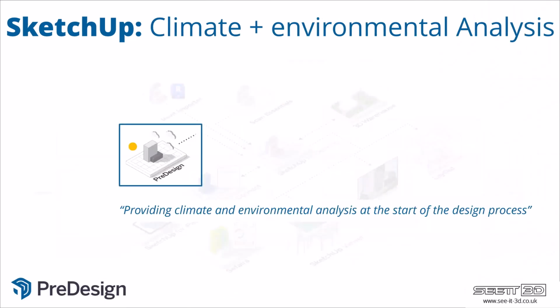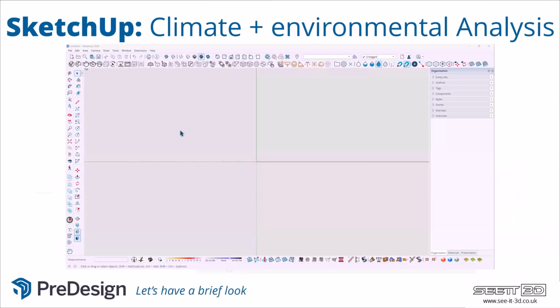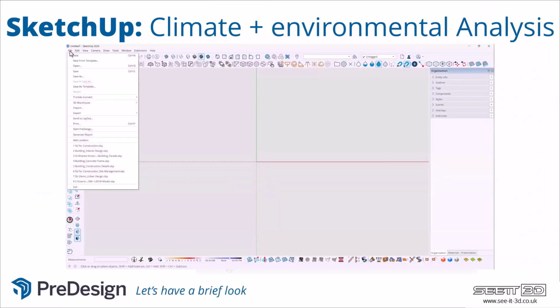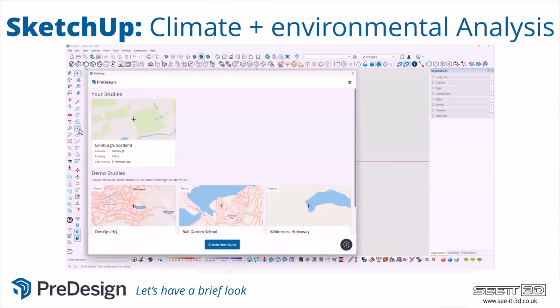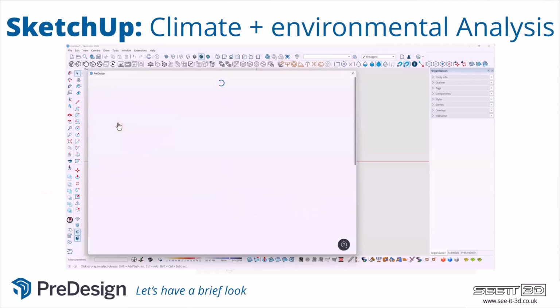So let's look at climate and environmental analysis in a tool called Pre-Design that you have. Go to File, pull down menu, start Pre-Design. So you can either choose a study location of your choice for your site by creating a new study, or you can click on an existing study to review the data.